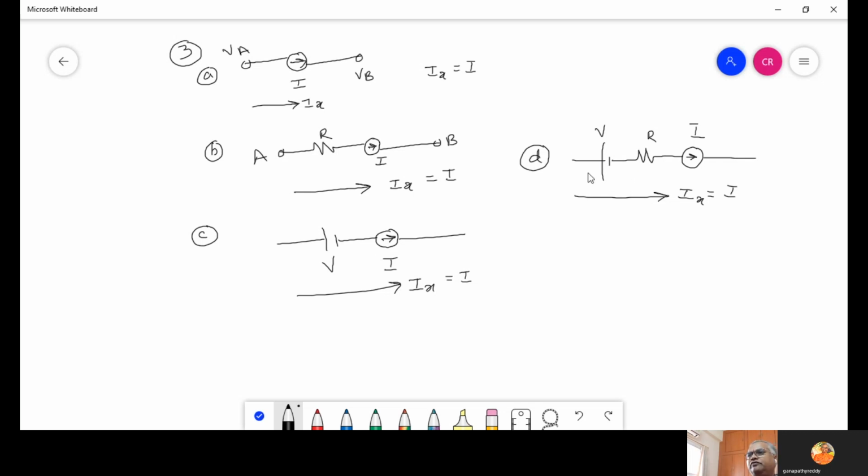Independent of V, independent of R, the current in this branch is only I. So I can give a generalized statement: whenever a branch contains a current source, the branch current is decided by the value of the current source itself, independent of the voltage source, independent of the resistor. So these rules 3A, B, C, D are important. But it is easy. Current source is there, don't think too much. Current is nothing but that only. So third is easy.